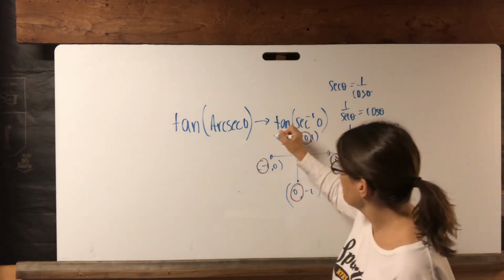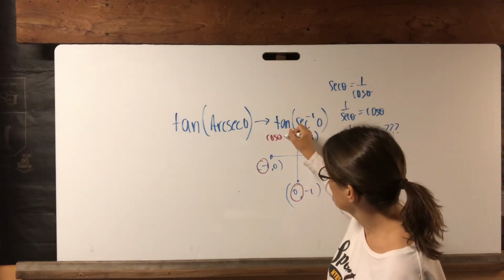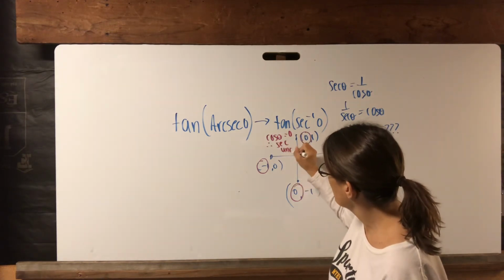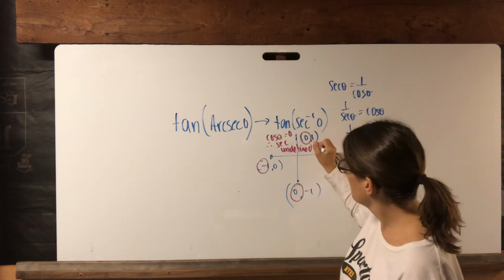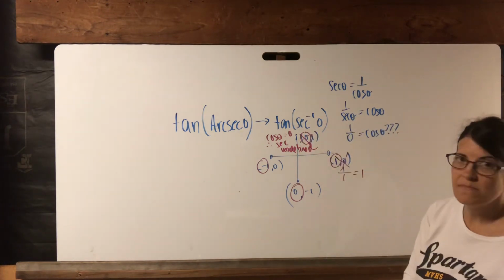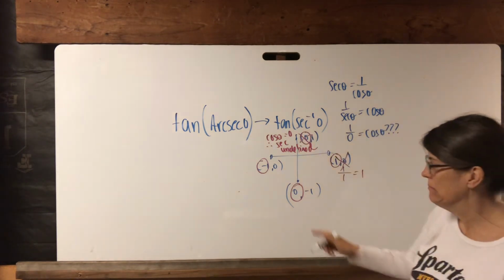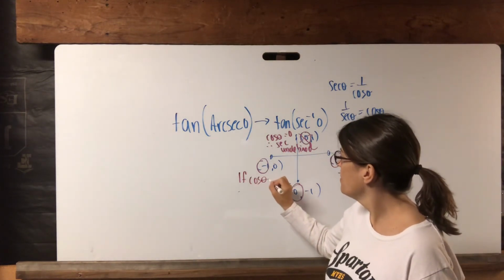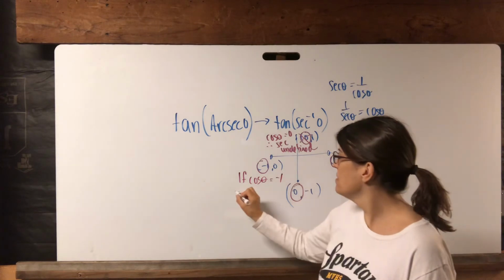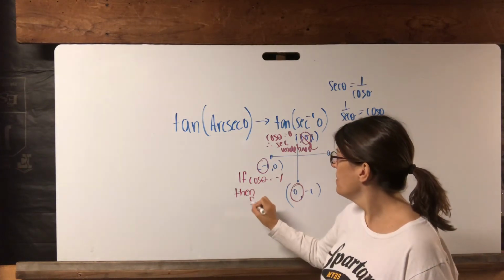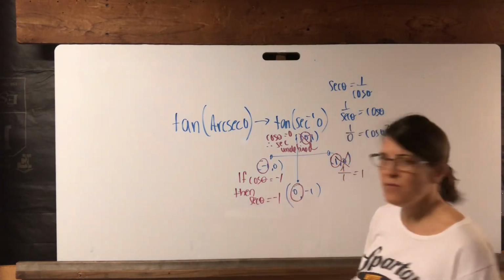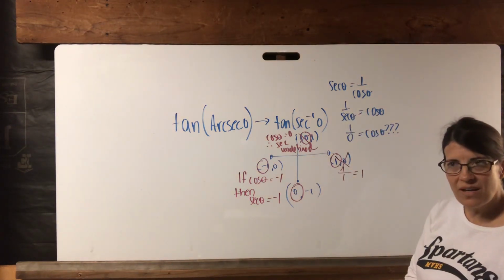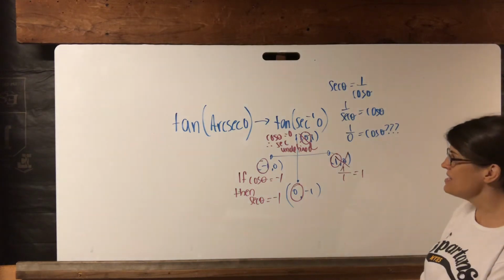If the cosine is 0, then the secant is undefined. Can't be here. If the cosine is -1, then the secant would be -1. How am I going to get a secant of 0?